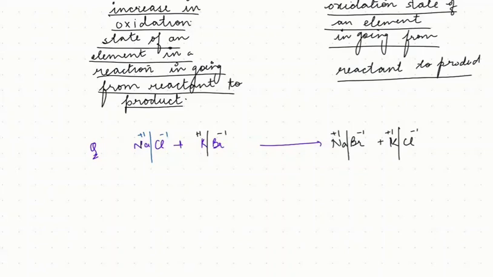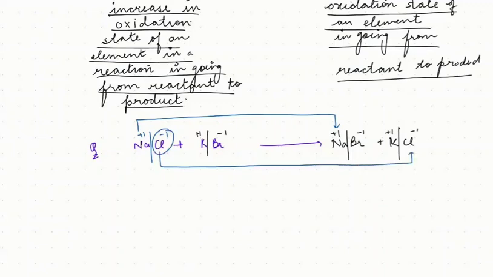So when this is happening, what do you understand from this? You look at sodium, Na. Sodium in the reactant state carried a plus 1 charge, and on the product side it is still carrying a plus 1 charge. You understand? Cl carries a minus 1 charge on the reactant side, and as you see on the product side, Cl is still carrying a minus 1 charge.